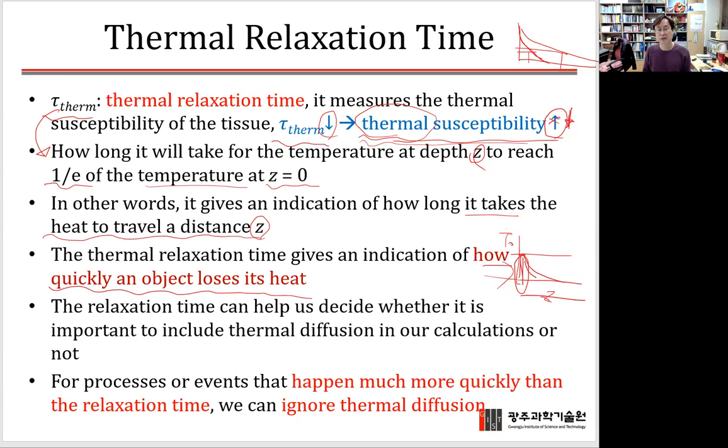And when the tau term is long, that means it takes a longer time for the heat to travel in the z direction. So how fast the heat travels to the distance is the same as how fast the heat will be lost. It will also be shown in the LITT section.